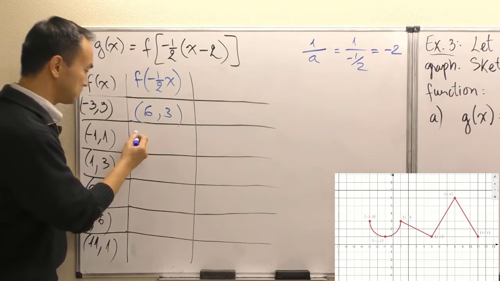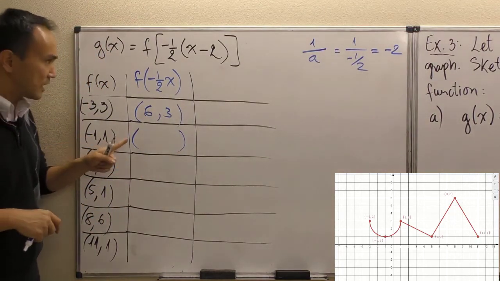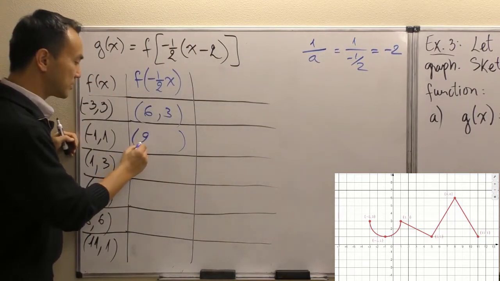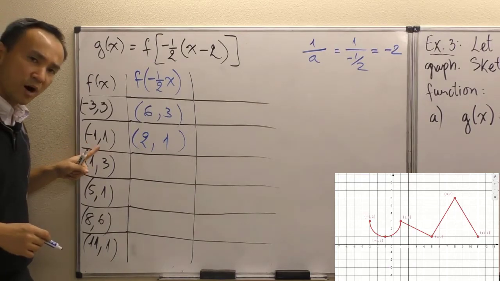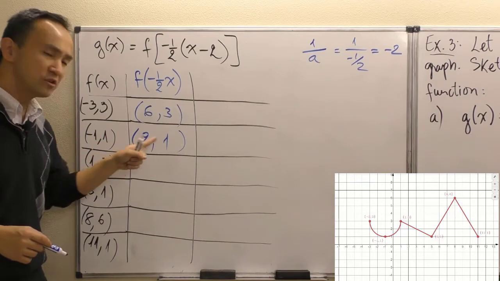Now in the next step, I have negative 1 times negative 2, which gives me a positive 2, comma 1. So that point negative 1 comma 1 on the original parent function is now transformed into 2 comma 1.